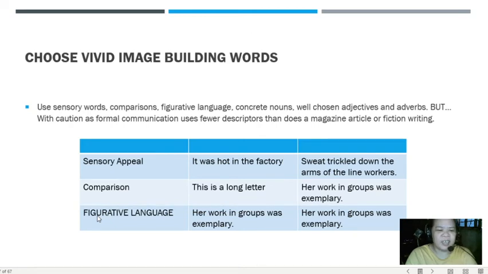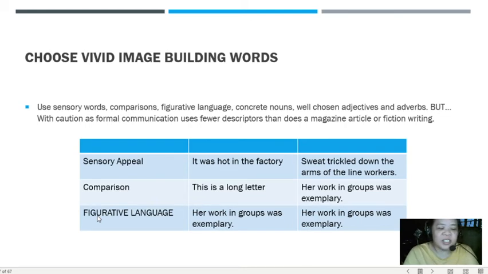But if your audience is different, or if you're writing an article or a feature in a magazine, or you're trying to do a declamation, then you can use "Sweat trickled down the arms of the line workers."